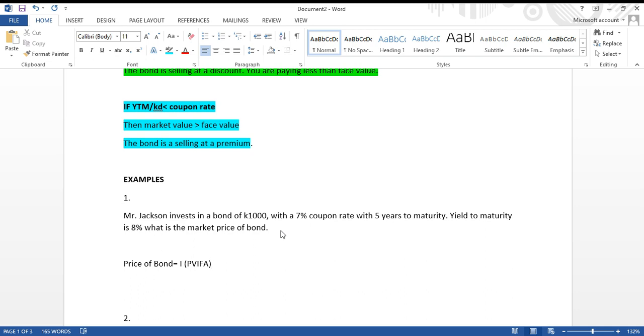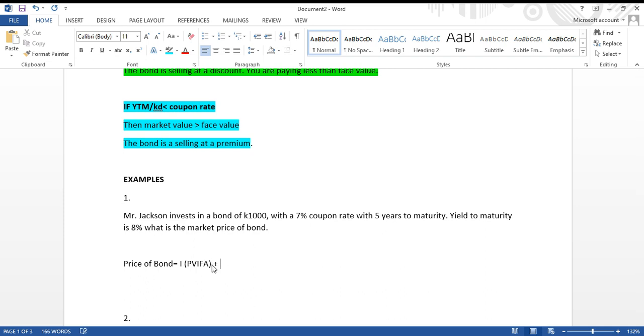Why we're using an annuity factor is because once we buy this debt, we're going to be getting the interest payments during the time of the debt. And these interest payments are going to be the same. And if you remember, an annuity is the same payment over and over again.